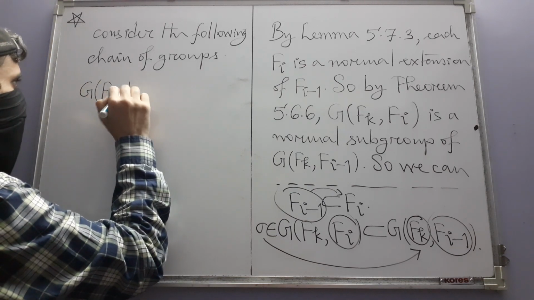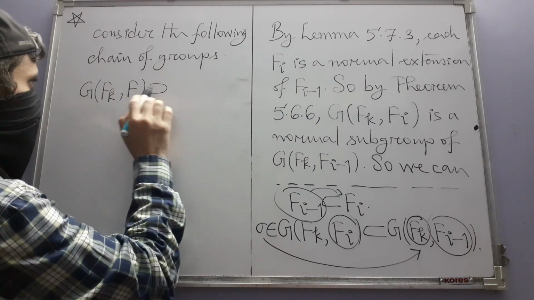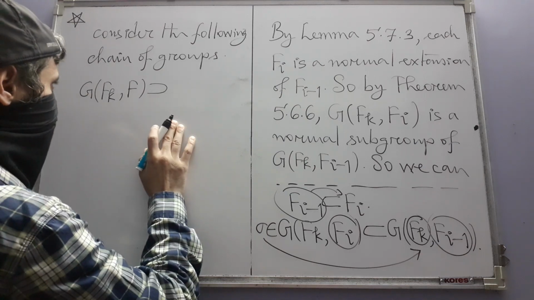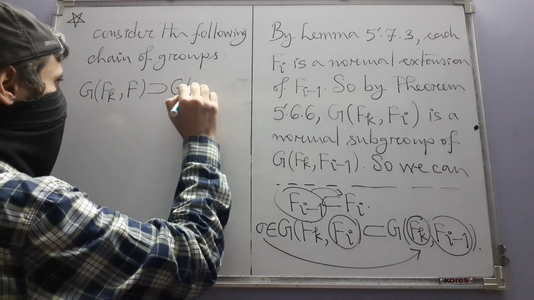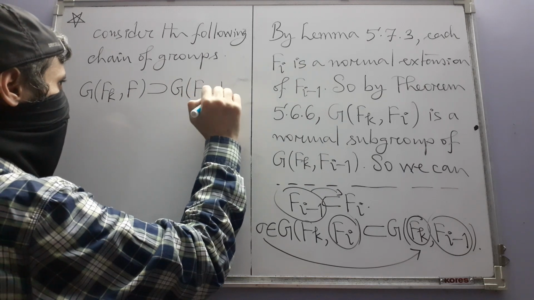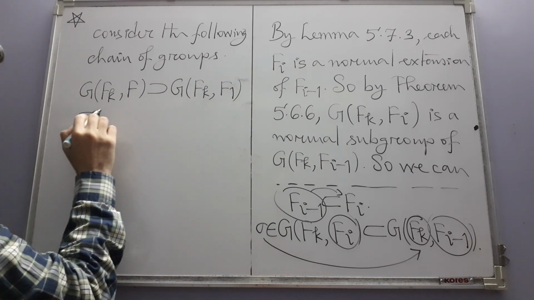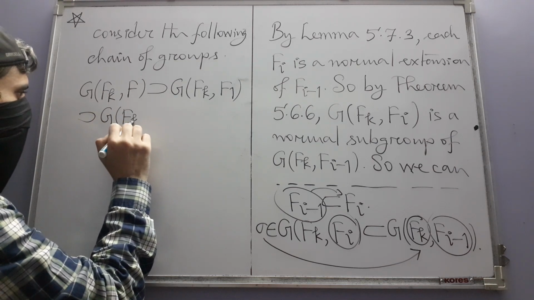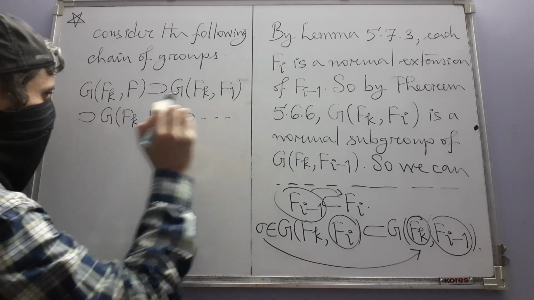This is the largest one that contains, do not call it a supergroup, we do not say anything like that, but this is the superset of this, which is in turn a superset of this, and in this pattern it goes.